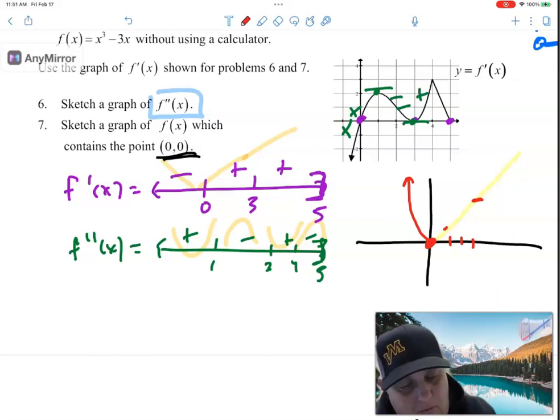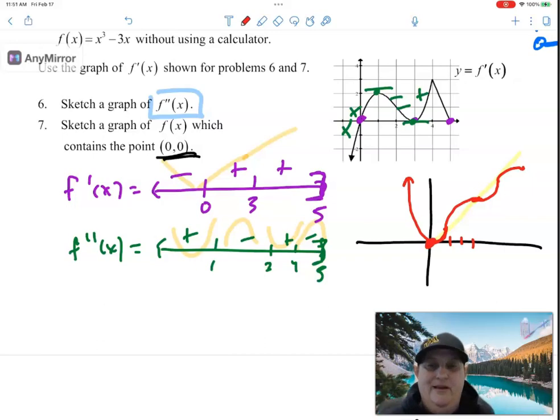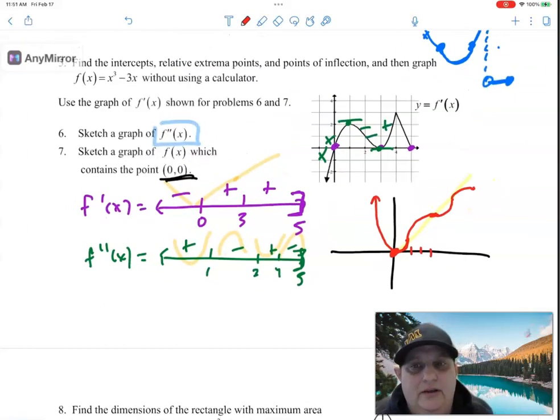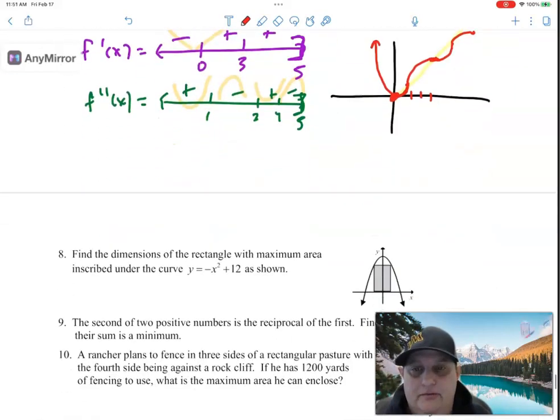It changes at 1 and 3. So it goes concave up to 1 and then down. And then between 3 and 4, it changes concave up and then down. So these ones are a bit tricky, but like sketching them back and forth, you want to make sure you're able to do that.